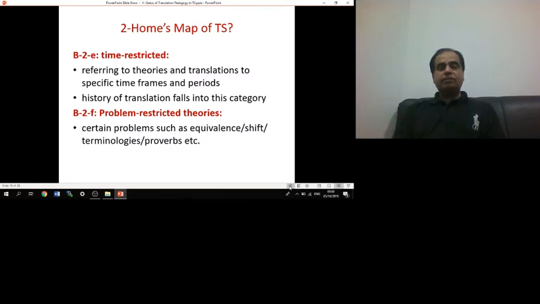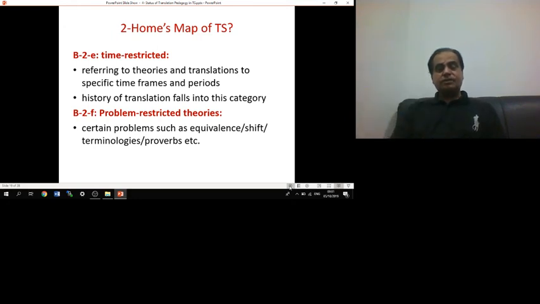And now the problem restricted translation theories deal with a certain problem, as equivalence is a big problem. Actually nowadays scholars of translation are saying that equivalence itself is a problem for translation studies, so the term should be left outside of the circle of translation studies.